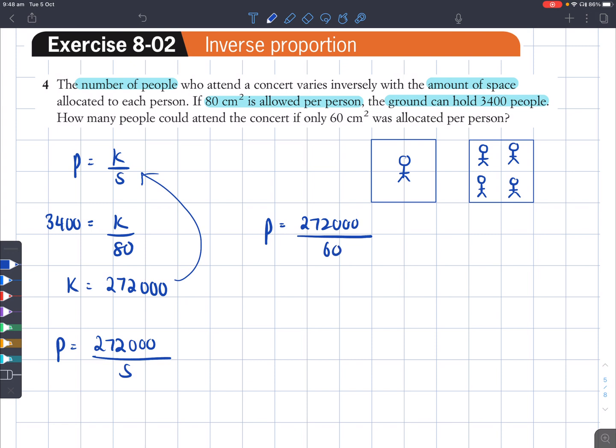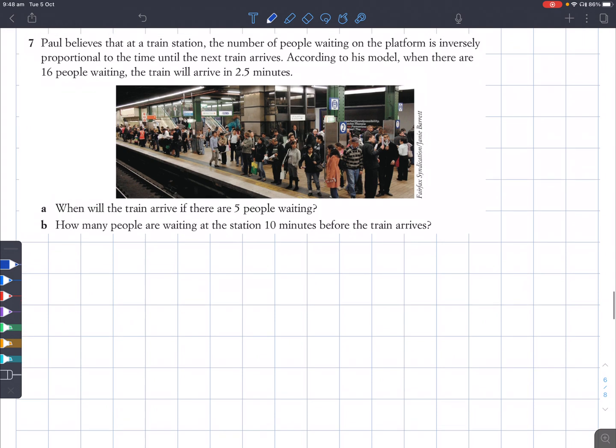If I divide that by 60 on my calculator, I get P as 4,533.3 recurring, but you can't have 0.3 of a person. So the number of people who could possibly fit in the space would be approximately 4,533.